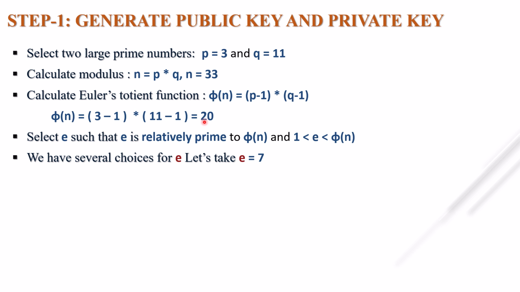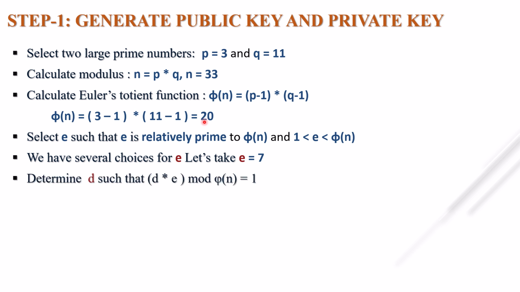So you can see the common factor is only 1, that's why we can take E is equal to 7. I'm saying again, you can take 3, but you cannot take 5, because 5 is a factor of 20. So 5 would become a common factor, and we need the common factor to be only 1.